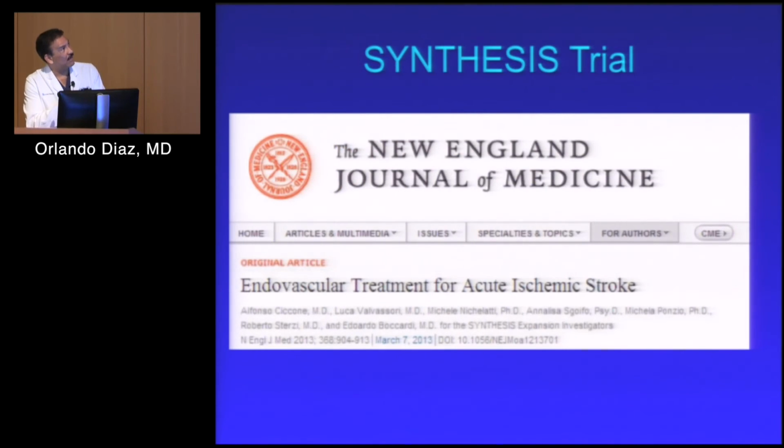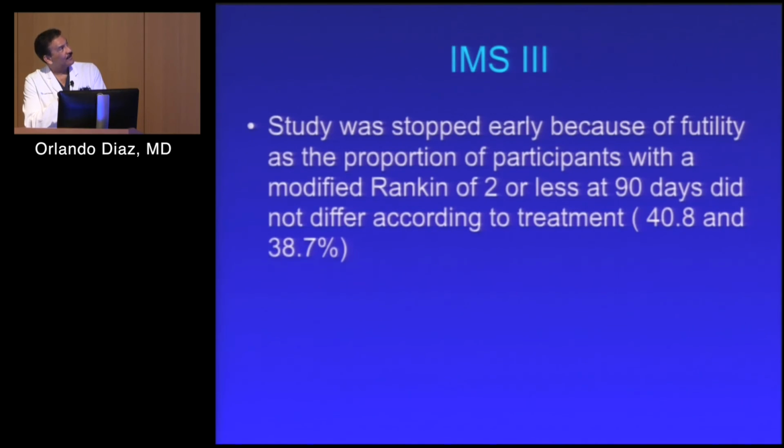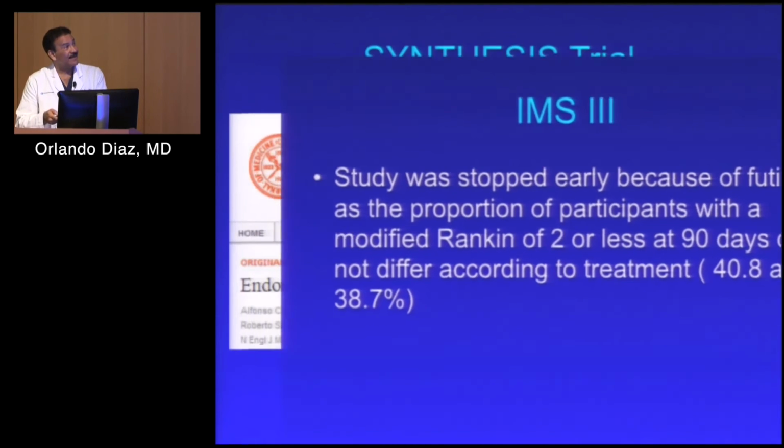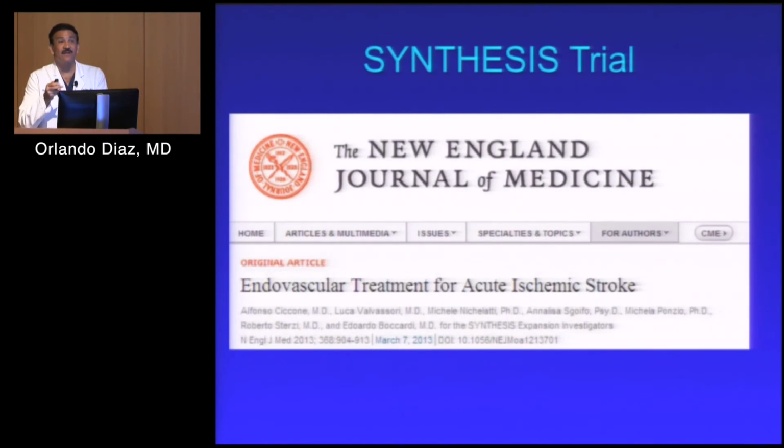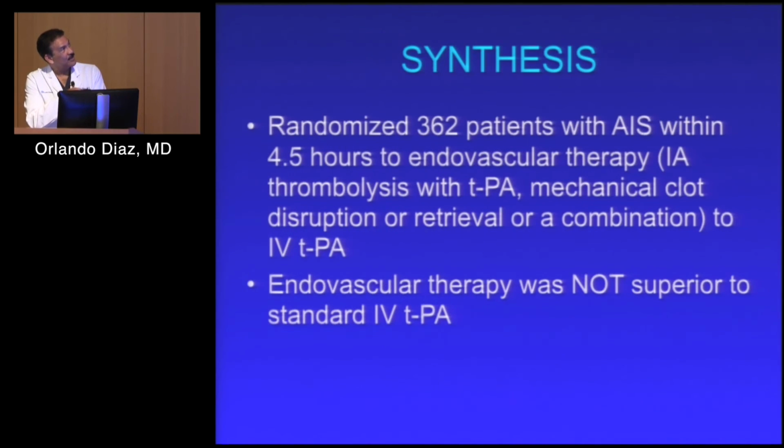And then this was published also, IMS3, and it was stopped early, because we didn't demonstrate that what we were doing was better for the patient. The problem is that we were putting all types of little clots in the distal branches that we don't go to. Another trial, still endovascular treatment, no. Endovascular treatment was not superior.